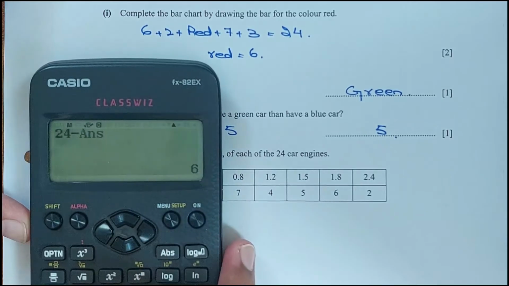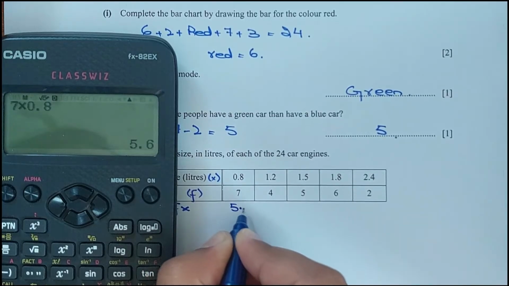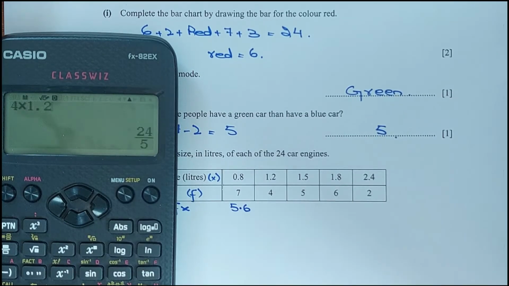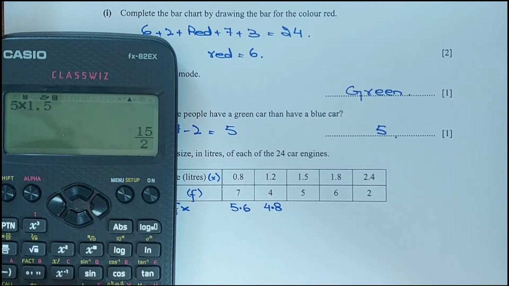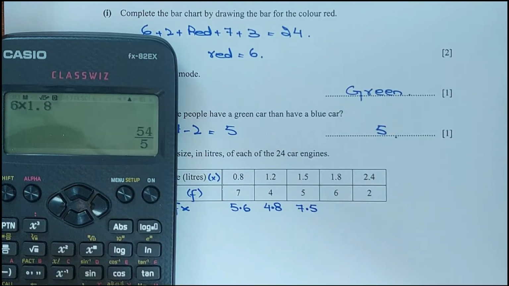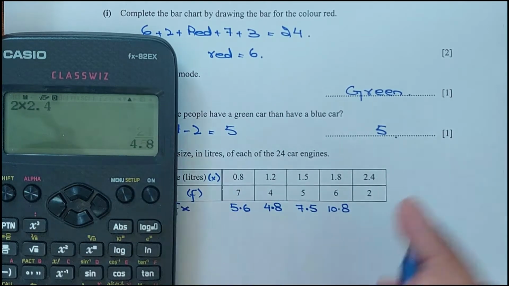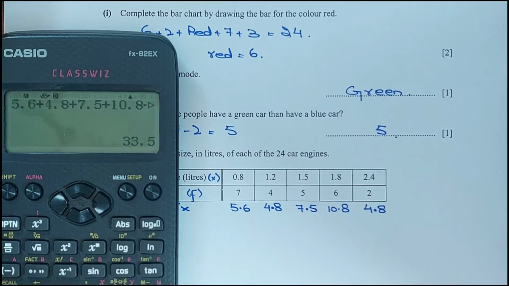We can calculate the product first. 7 times 0.8 is 5.6. 4 times 1.2 is 4.8. 5 times 1.5 is 7.5. 6 times 1.8 is 10.8. 2 times 2.4 is 4.8. Right, so 5.6 plus 4.8 plus 7.5 plus 10.8 plus 4.8 is 33.5.